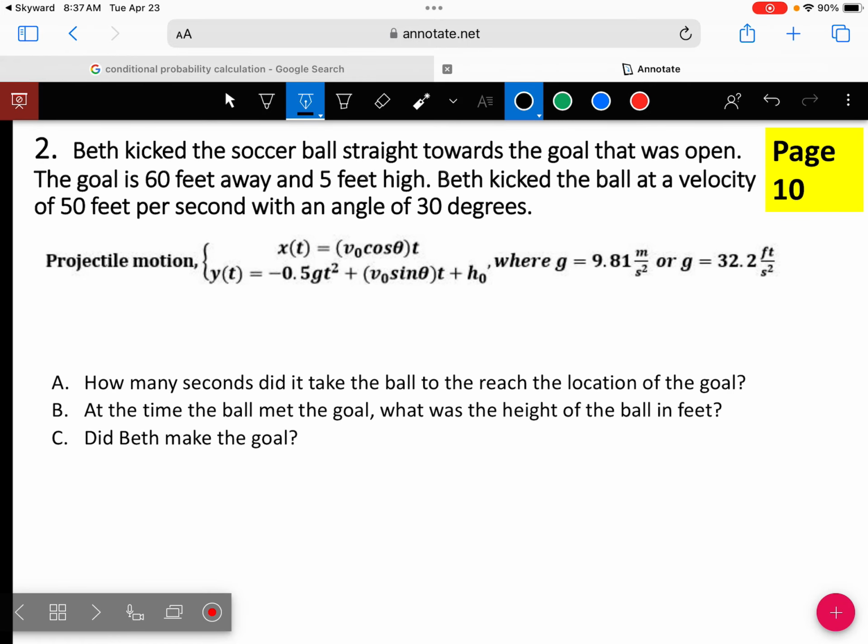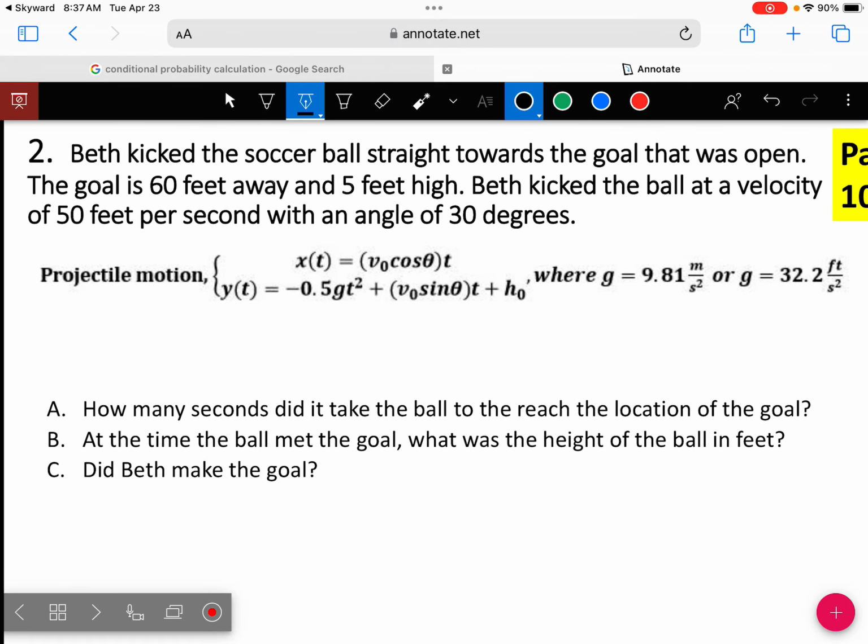So again, we have Beth. She's kicking a ball. Okay, so that means the initial height is 0. So as I'm reading it, I try to write down some of the stuff that I see. So she kicked the ball, so my initial height H is 0. I know that the goal is 60 feet away, so that's really good because now I know how far the ball traveled horizontally.